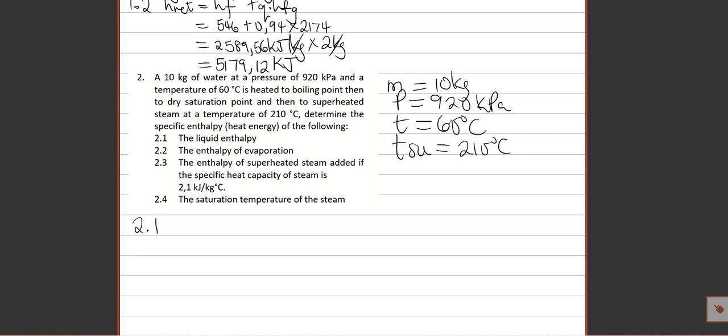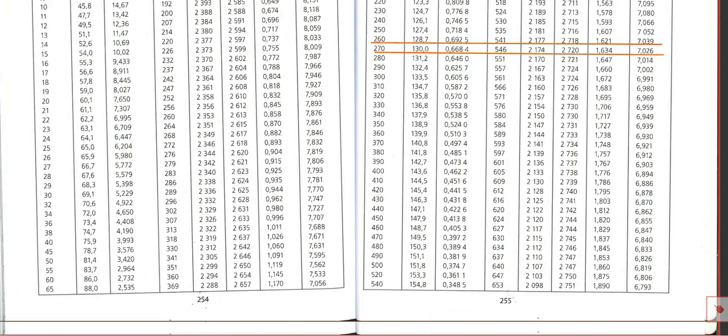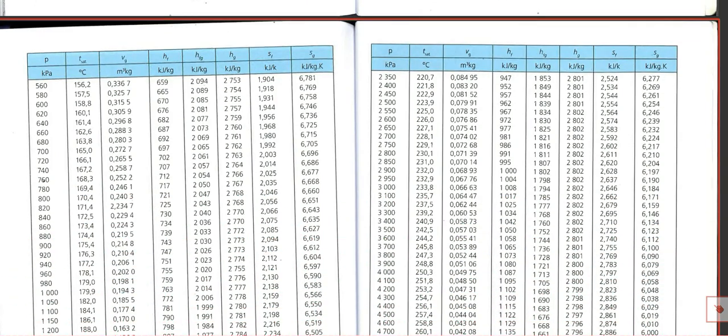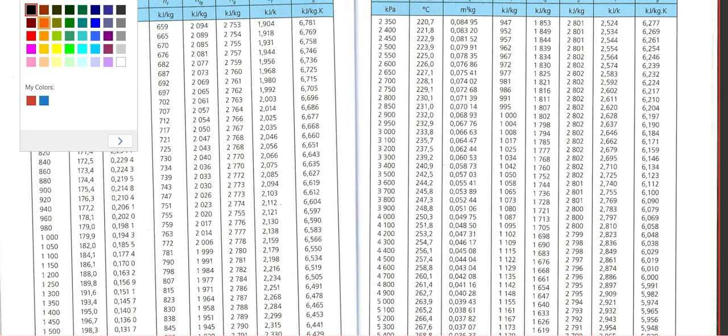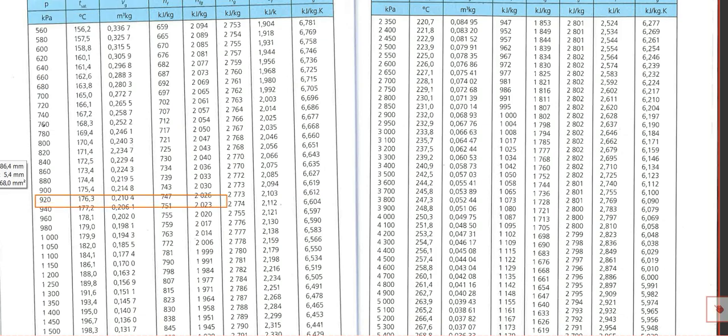Remember that we are doing this to convert 10 kgs. So you go to your steam table, we're looking for 920 this time. So you will scroll, 920, just around here, we have 920.